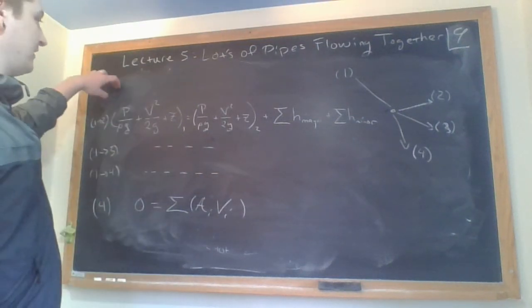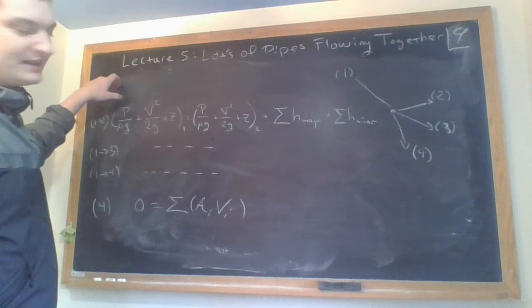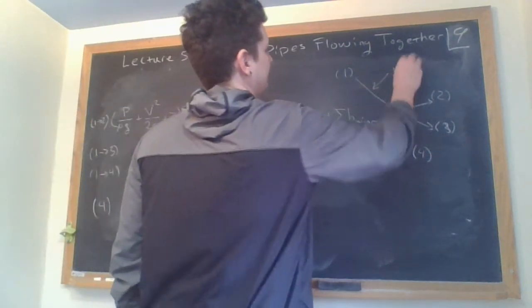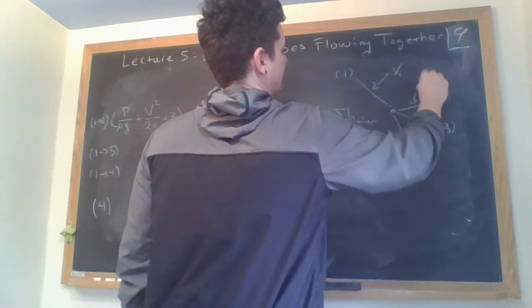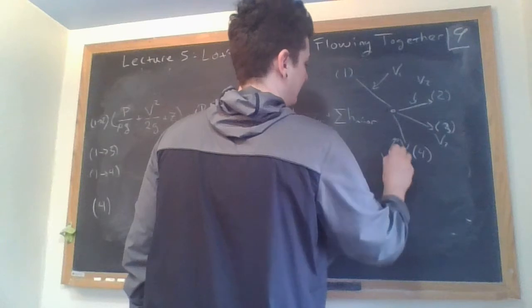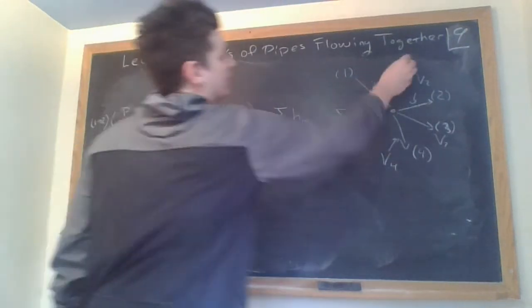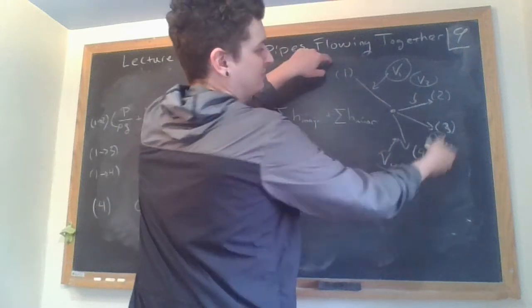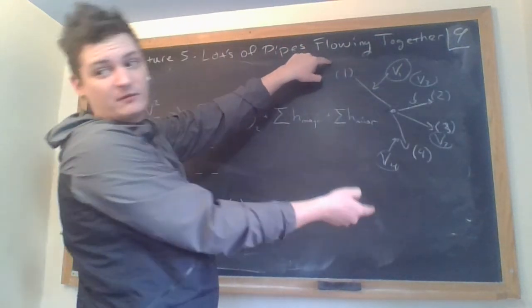And just appreciate now the same trick I'm trying to get into your heads: you don't know the velocities in these pipes, right? There's a velocity here, there's a velocity here, there's really a velocity coming out here, and then another velocity right here. You don't know the velocities in this piping system given pressures at the edges. That's what you're finding with these.